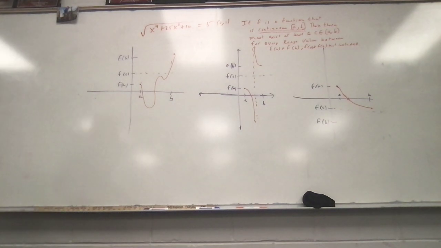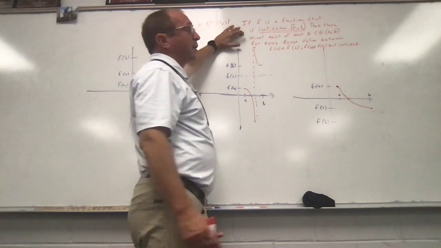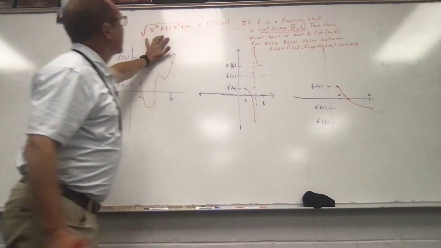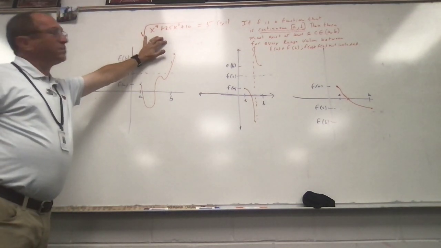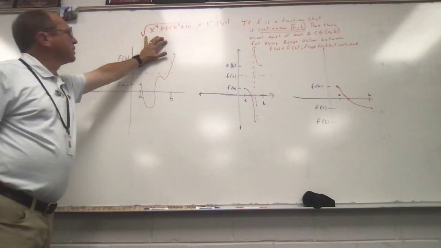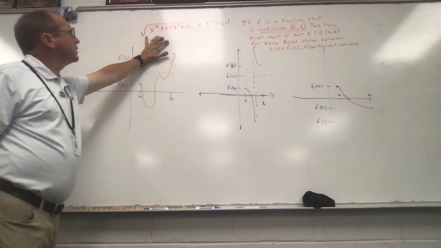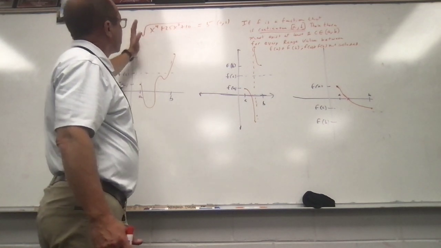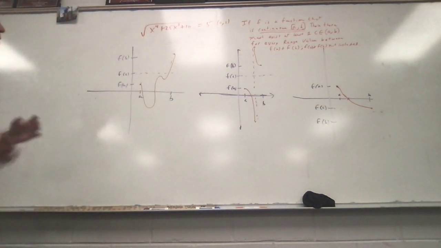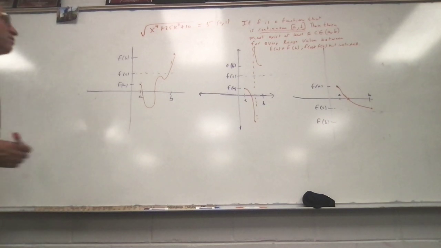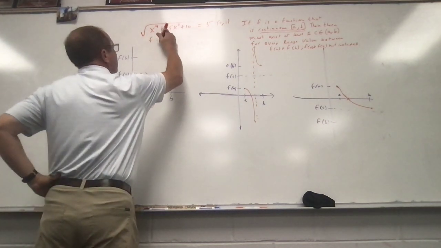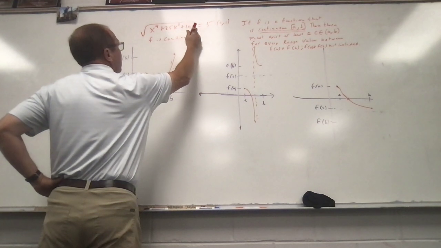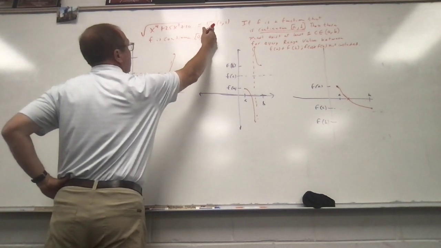All right, so for the intermediate value theorem to apply here, two things have to happen. The first thing that has to happen is we have to know that we're dealing with a continuous function. Well, this function right here is defined from 0 to 1, essentially, because if you plug in 0, you get a positive number. You plug in 1, you get a positive number. So anyway, we're going to be continuous on that interval. So it checks the first box. F is continuous on the closed interval from 0 to 1.